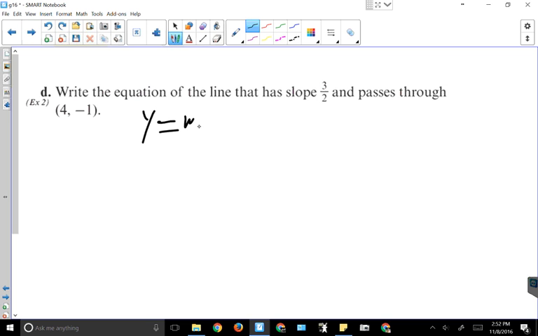Y is equal to mx plus b, so what you wrote down was y is equal to 3 over 2x plus b, yes? Okay. Now, do I know where it's going through the y-axis? No. So, here we go.